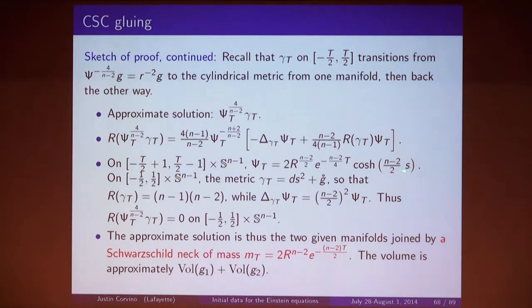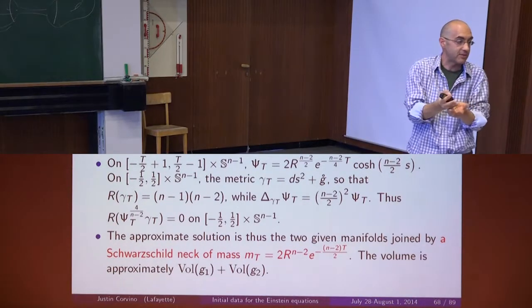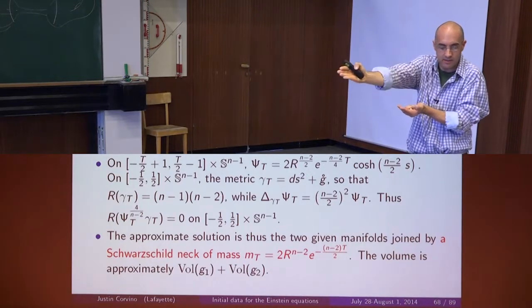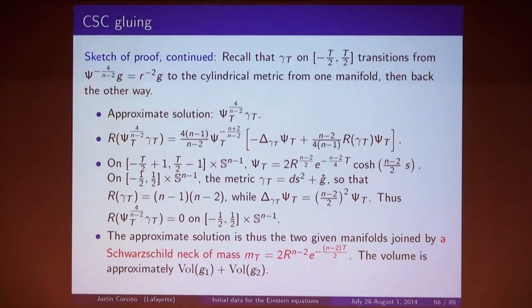This metric only depends on the S part, so you have two derivatives in S, and all you get is n minus 2 over 2 squared times this factor back again. So in the middle piece, you can compute the Laplacian of your conformal factor. And this is a cylinder, so the scalar curvature is n minus 1, n minus 2. All it is is the scalar curvature of the sphere piece. The line part doesn't give you any more curvature, just the n minus 1 sphere. So if you take this and this, and stick it in here, you get 0.